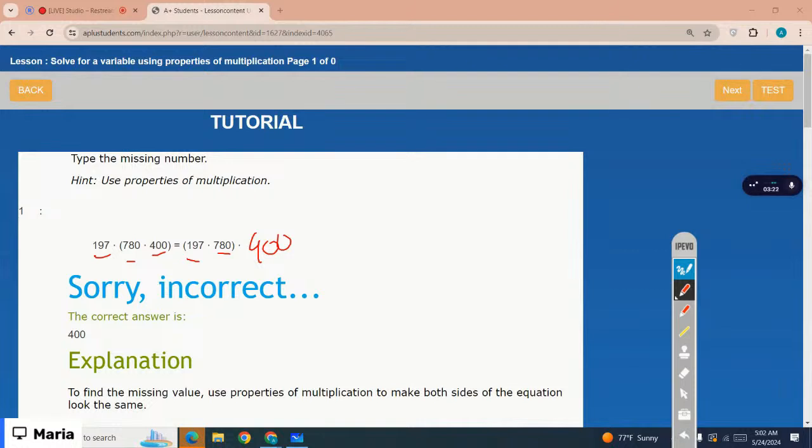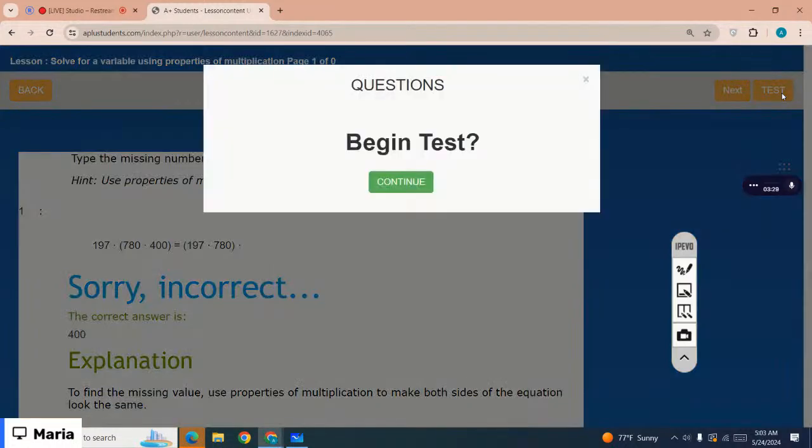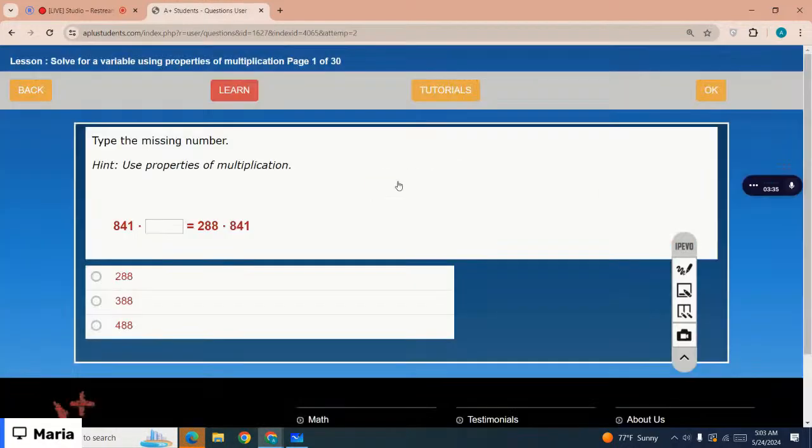Okay, let's start with the test questions. Type the missing number. Use properties of multiplication. So which number is missing? According to the properties of multiplication, both sides must have exactly the same numbers. Here you have 841 times 288 and here you are given 841.